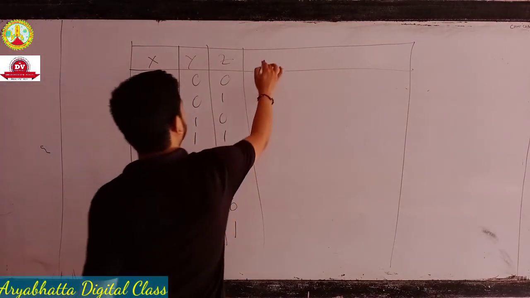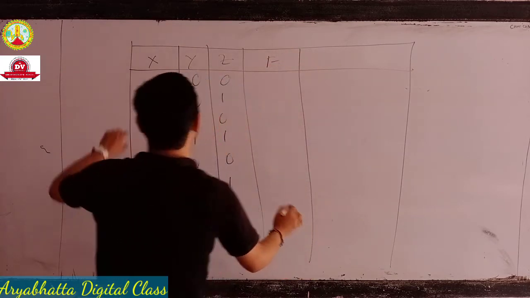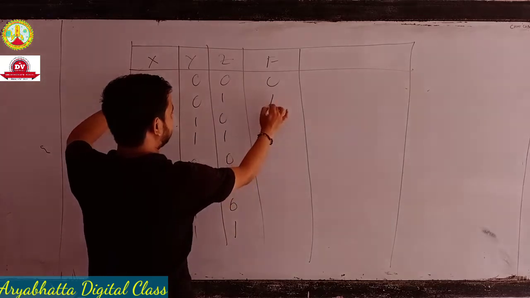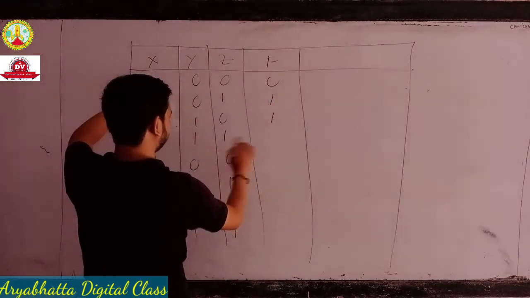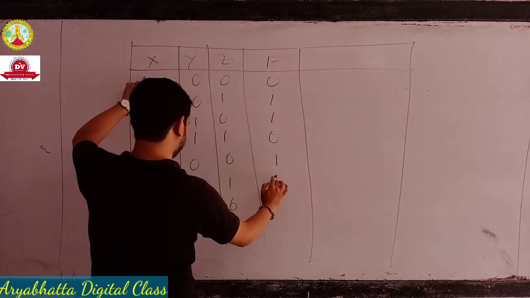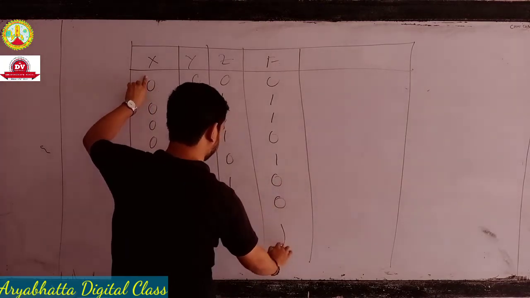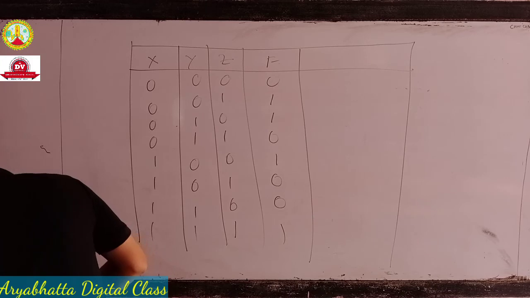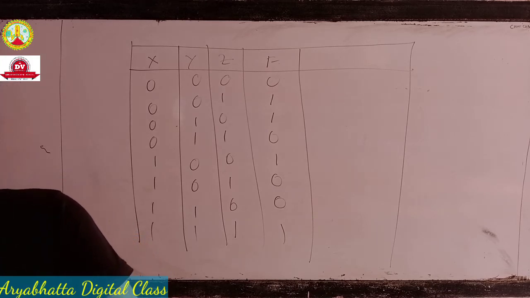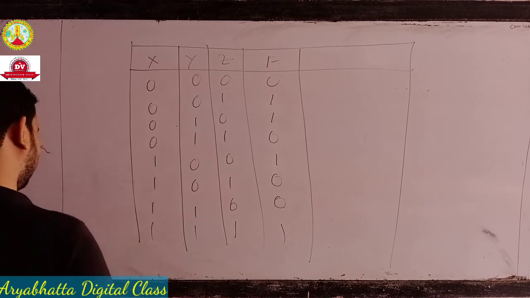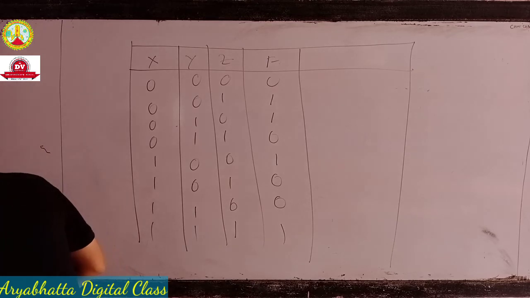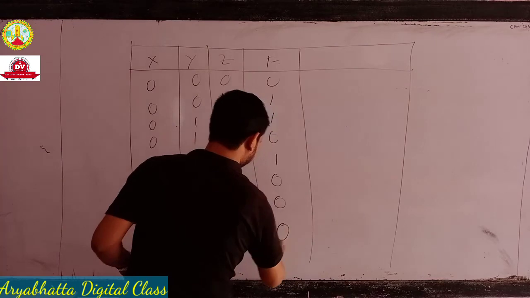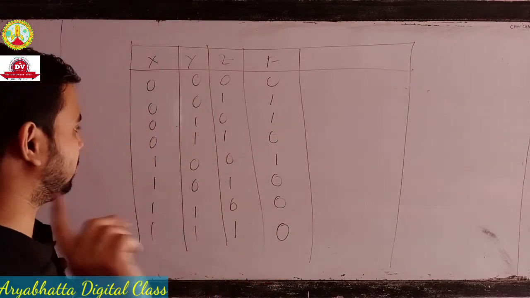So what is the possibility? For F, in here you see the number of 1s is odd, meaning 1, 1, 0, 1, 0, 0, 1. You see, there is also a case with three 1s; this one is 0 because it has 3 ones.